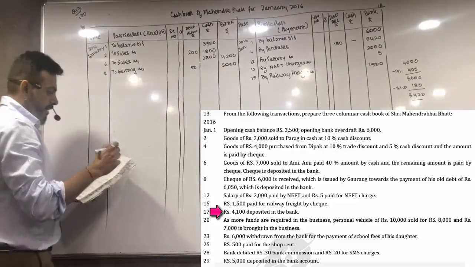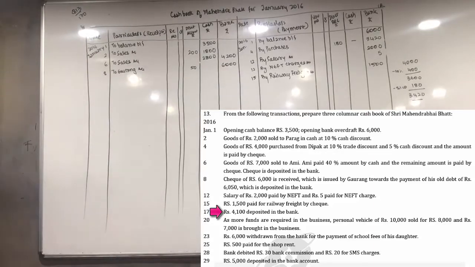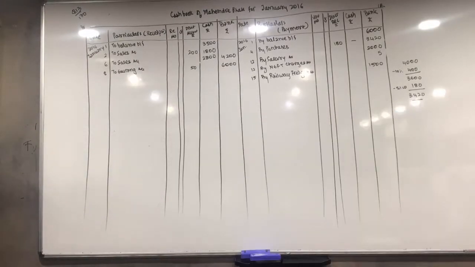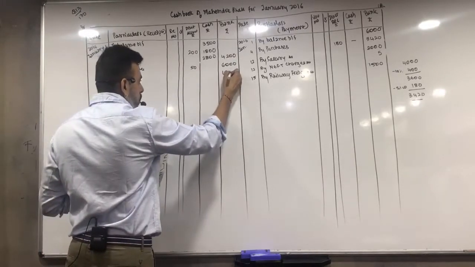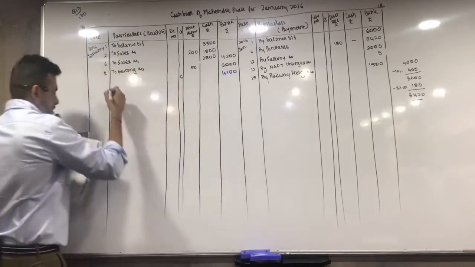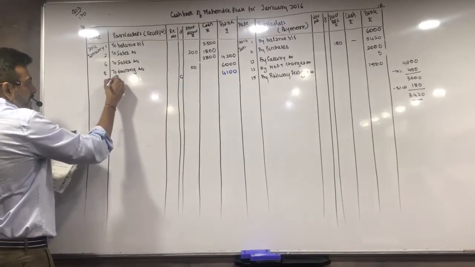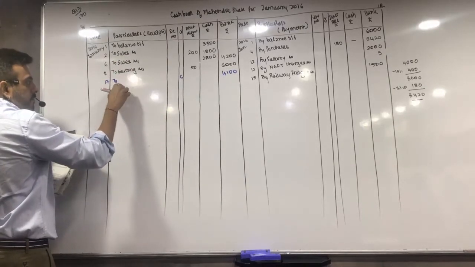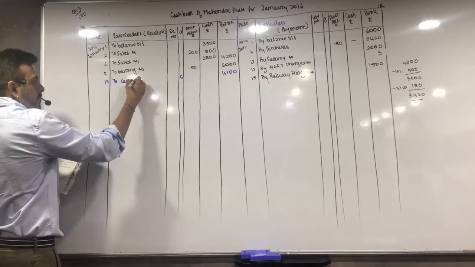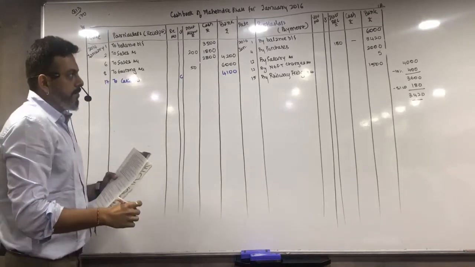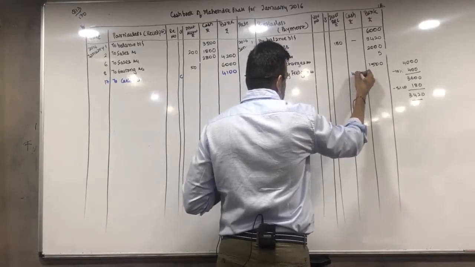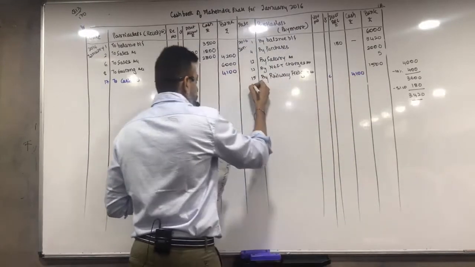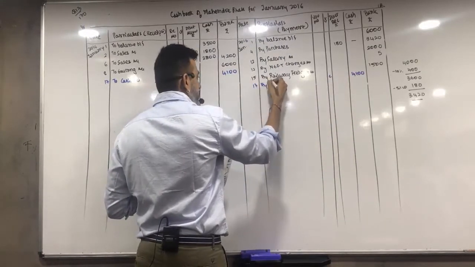So receipt side bank, 4,100 contra, to cash account, and cash goes out. So payment side cash column, 4,100 contra by bank.